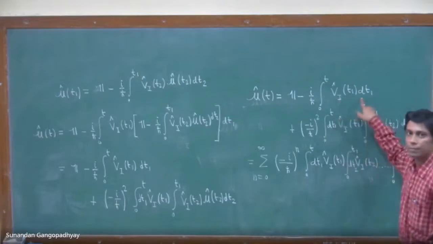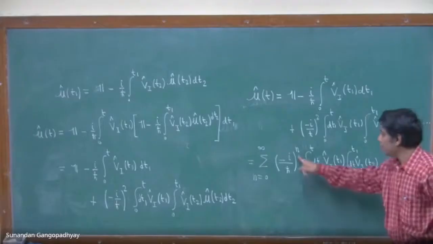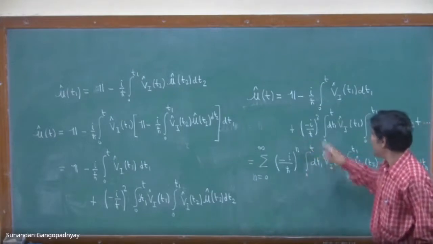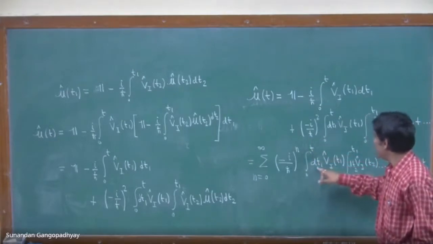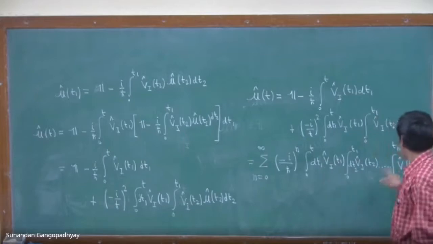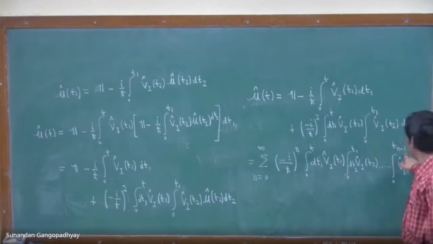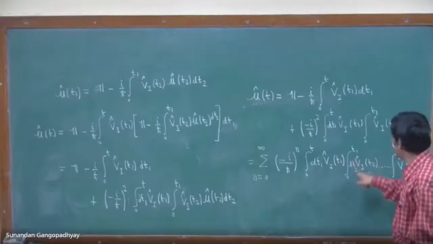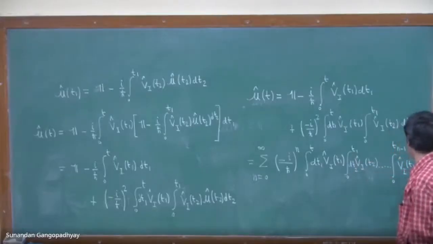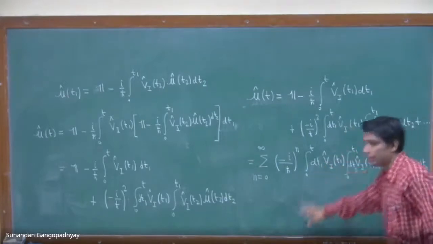But n equal to 2 is this. Then 0 to t dt1, and then where does it end? It ends at t1. That is t1 dt2 V_I(t2). This one. That is this term. And so on.